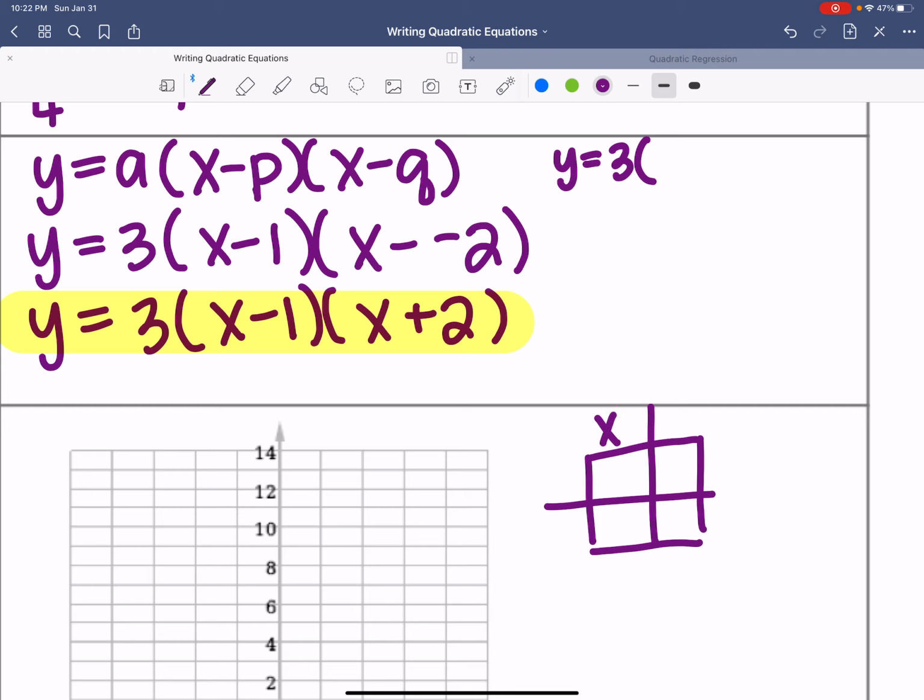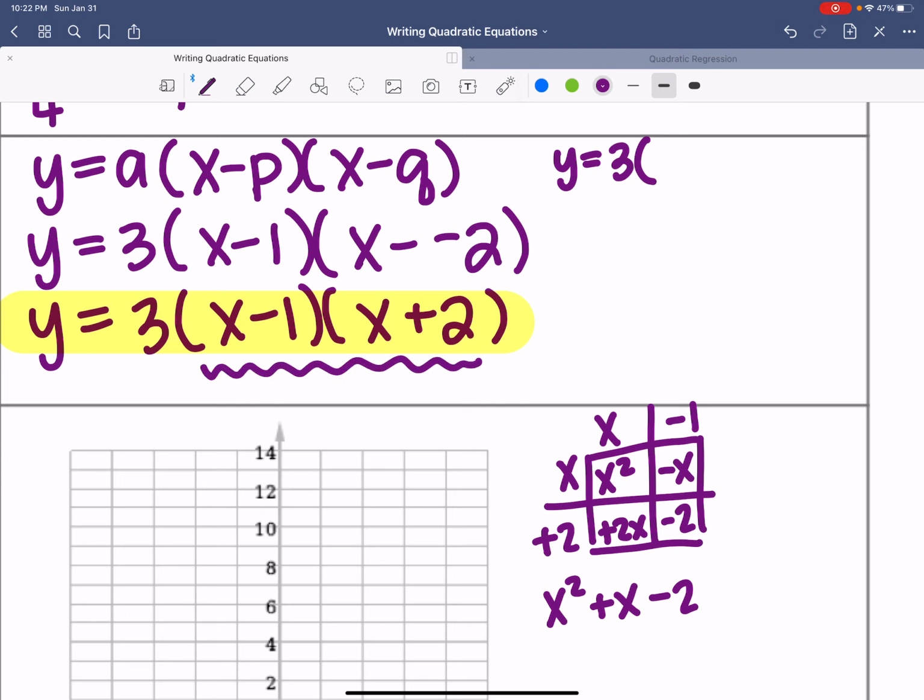So x minus 1 and x plus 2. So that's x squared minus x plus 2x and minus 2. All right, so if I simplify that, that's x squared, -x plus 2x is plus x, and then minus 2. So in my parentheses up here, basically what I've done is I've taken this and I'm going to rewrite it as x squared plus x minus 2.